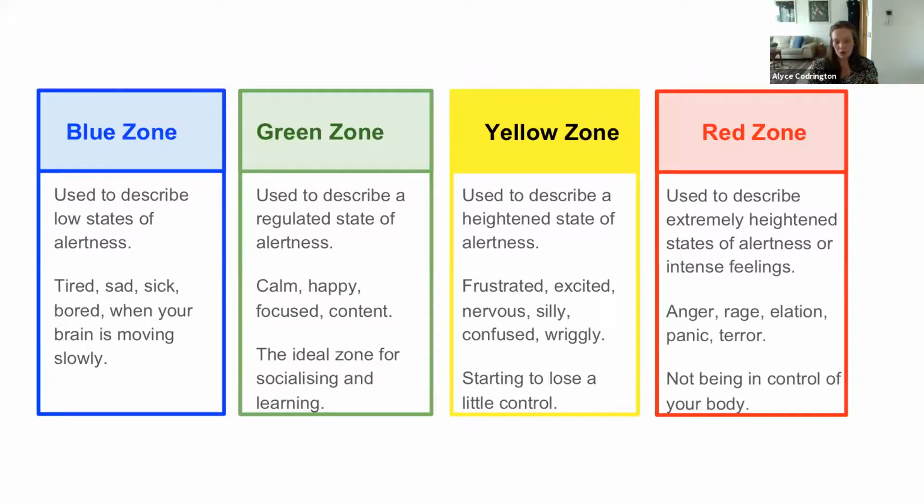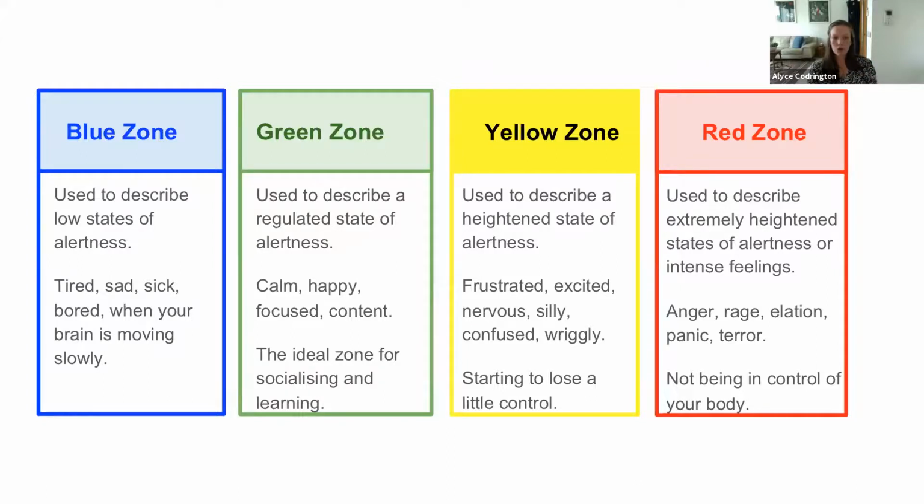The different zones are referring to the different levels of alertness. So when Michelle Garcia-Winner talks about the zones, and when Leah does, they talk about the level of emotional arousal.